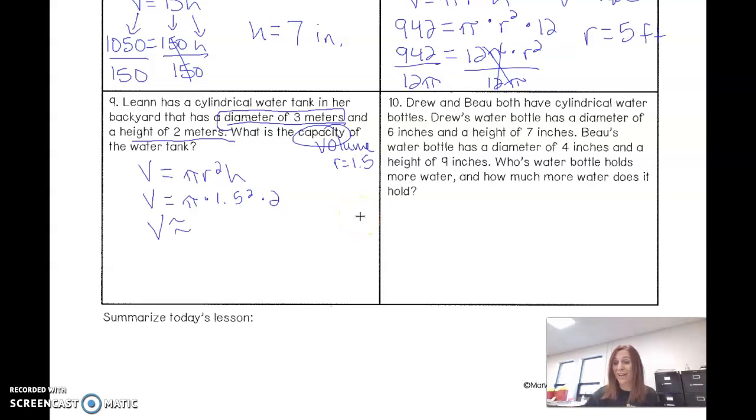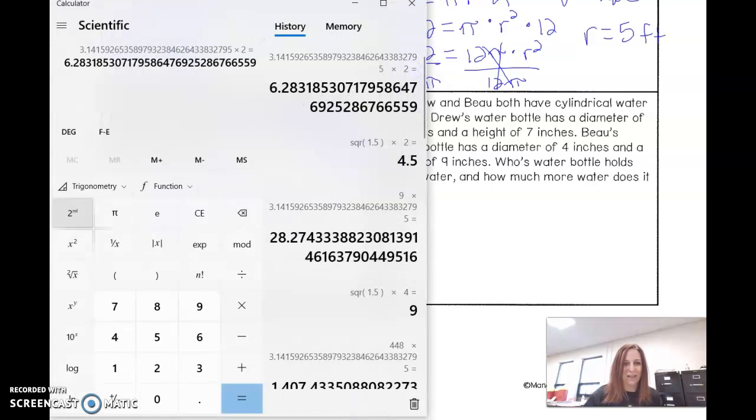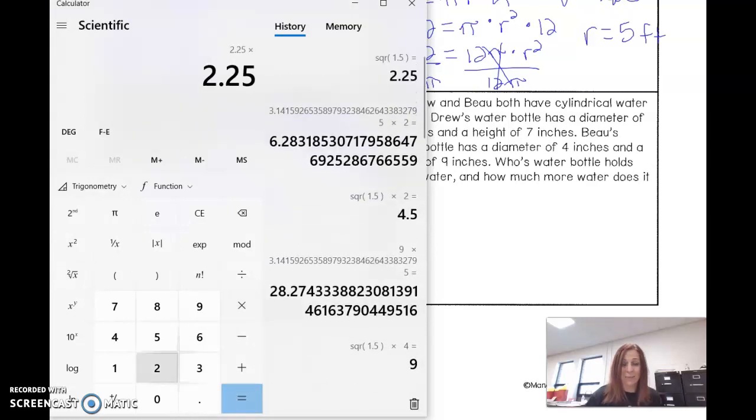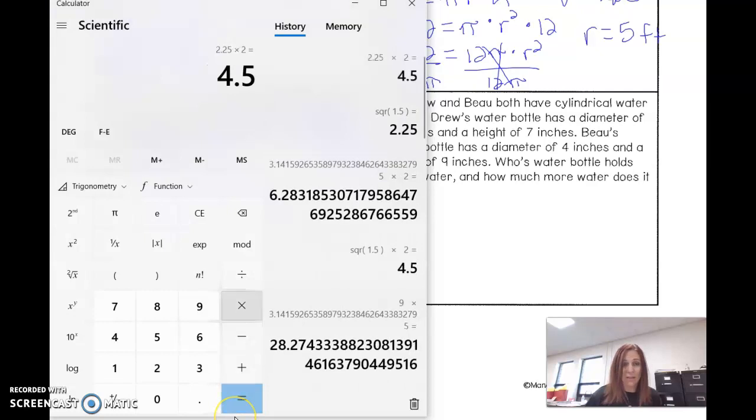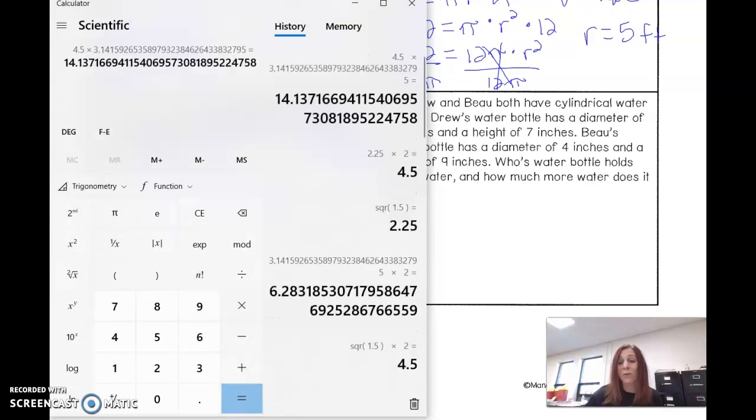I am going to recheck my calculations because something was not right. So let's try this again. So take your calculator here. Let me clear it out. Now if I go 1.5 squared, okay, and then I get times 2 times pi, we get 14, I'll say 14.14 maybe.